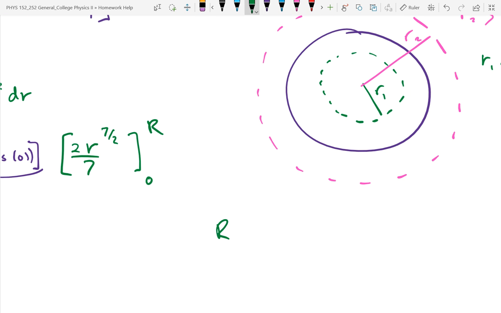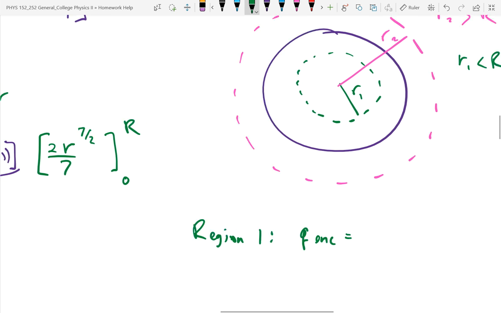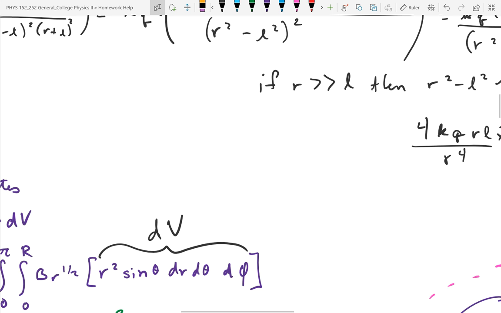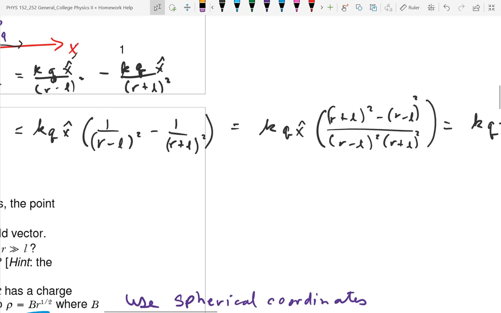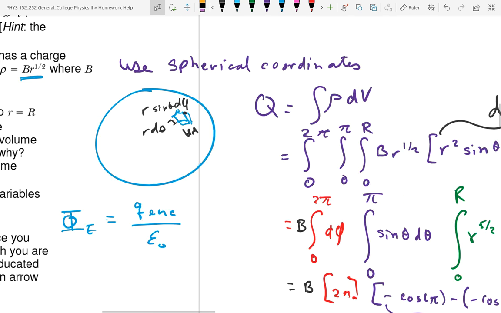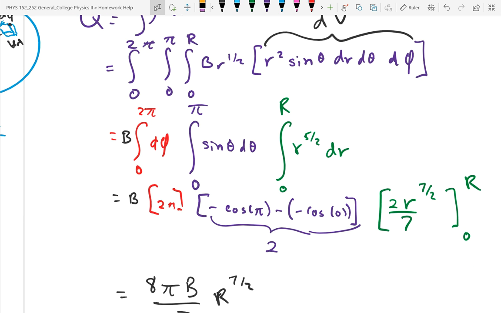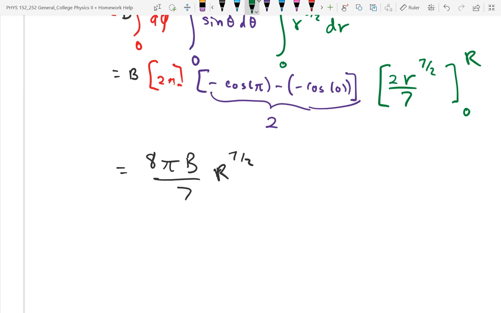In region 1, the charge enclosed is equal to, and I can just look back at my first integral because I'm not following everything exactly. Where's my first integral? I can look at my first integral and say it's going to be this same thing here, except instead of going to capital R, it's going to lowercase r1.